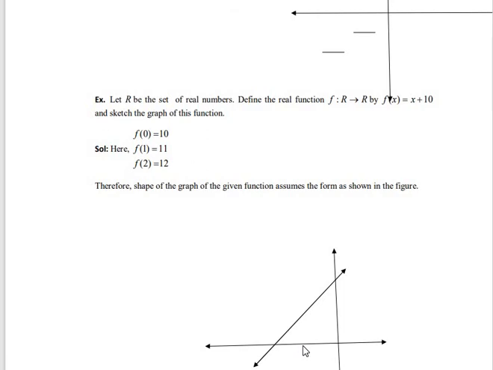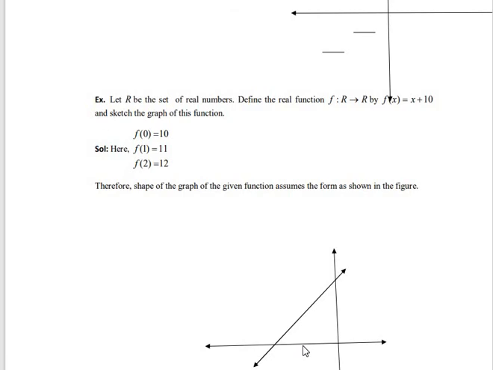Let R be the set of real numbers. Then define the real function f from R to R. Now see, if you have gone through all my videos, you can see that I have taken the function from R to R. Why have I taken the function from R to R? Do you have any idea?